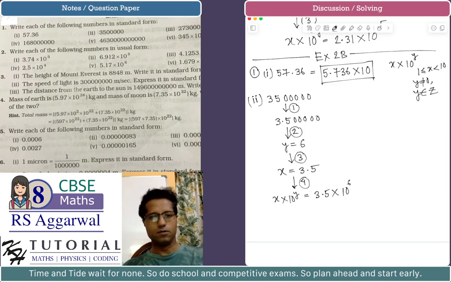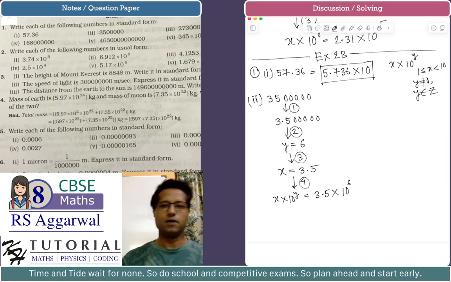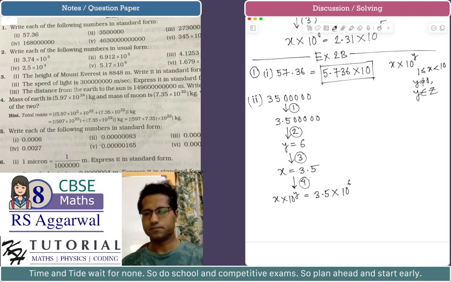Now while solving the problem in your exam or school, I hope you will not do it like this. This is just for explanation, so that you understand what you are exactly doing. Let me quickly check if this is correct.